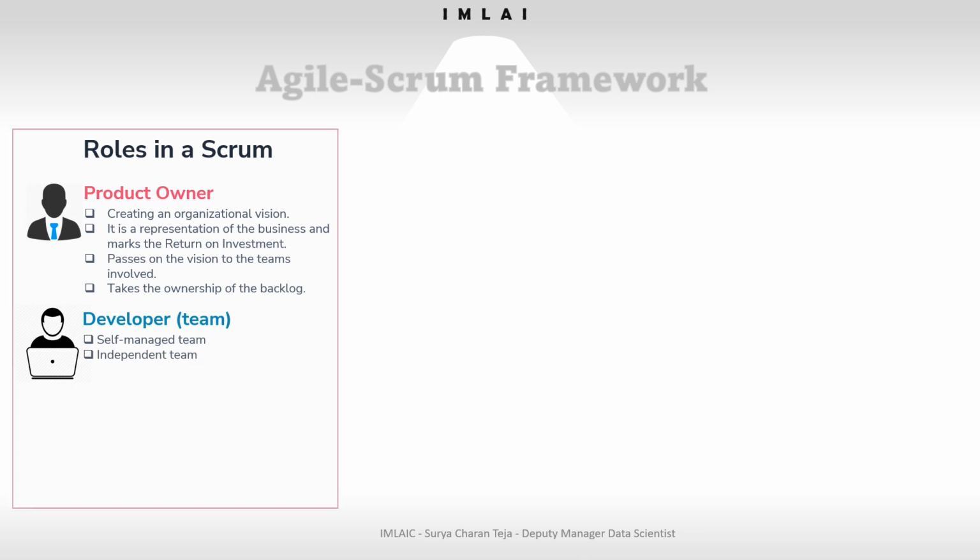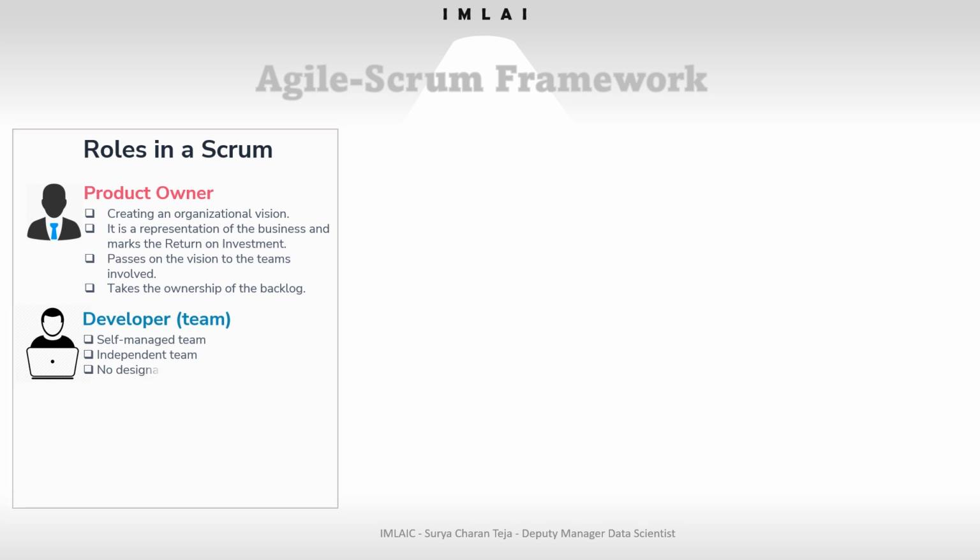The team is empowered to take its own decisions. This looks completely different from an orthodox project management framework. That's the reason it makes a huge difference in project success.